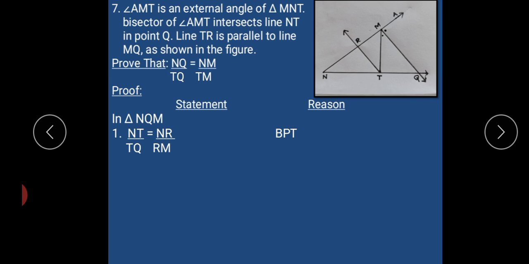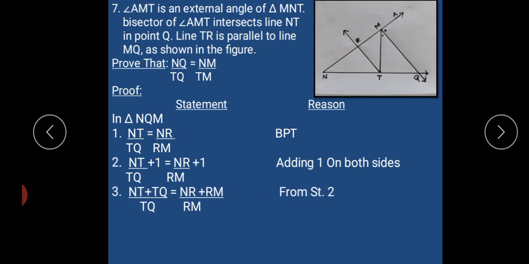Now this can be done if you add the denominator to the numerator. How to add the denominator to the numerator? Just add 1 on both the sides. Then we will get NT plus TQ upon TQ is equal to NR plus RM upon RM.